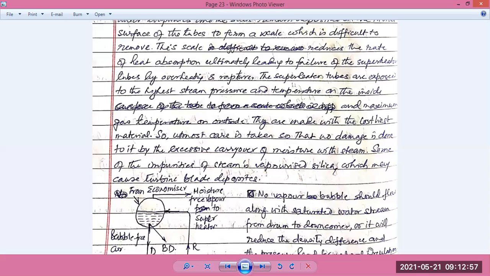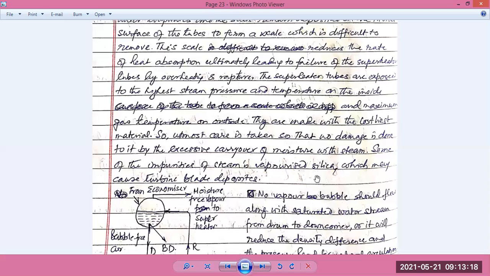The superheater is thus made with the costliest materials, and its wall cannot be removed or replaced easily. So we have to supply the superheater with steam without any impurity in it.